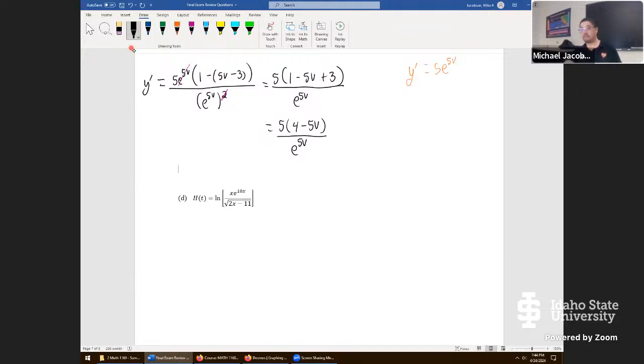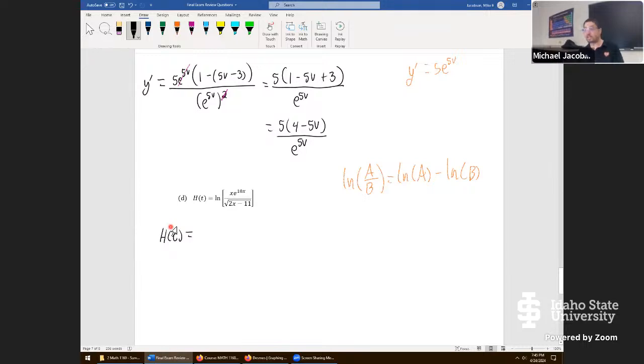It's kind of impressive. So let's start off by saying, the first property we're going to use is the one that breaks up the quotient. The natural log of A over B is just the same as the natural logarithm of A minus the natural logarithm of B. So that's our step one. That means h of t, we can't put the prime on because we're not differentiating it yet.